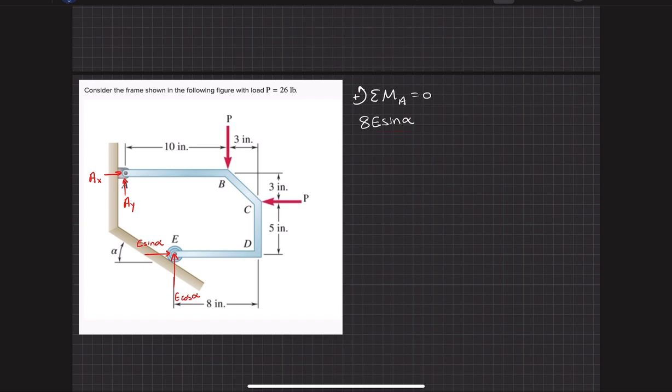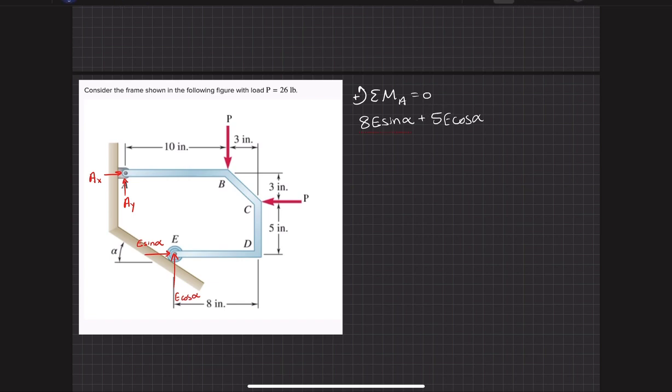And then we also have cosine, that is 5 inches away, seen right here. This distance right here, because this is 13 minus 8, which is 5. And it's also going to rotate it in the counterclockwise direction. So plus 5 E cosine alpha.